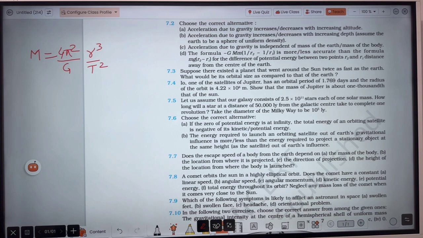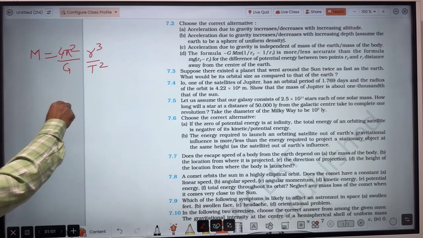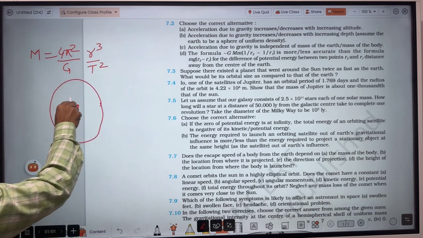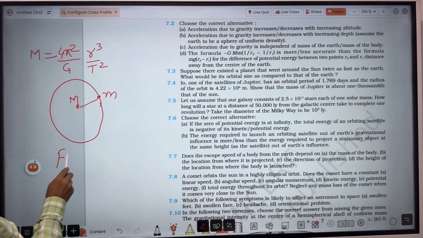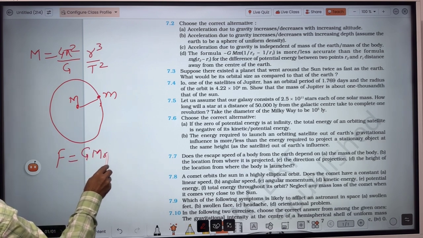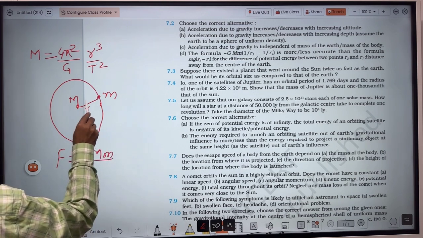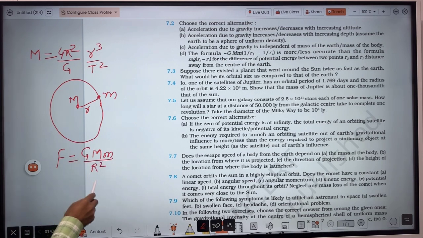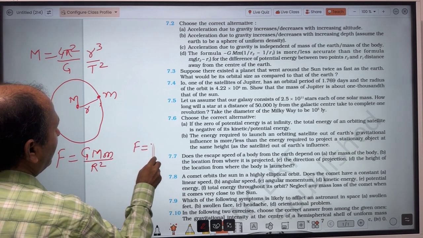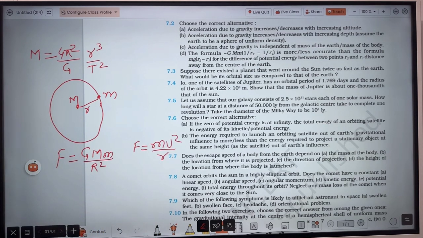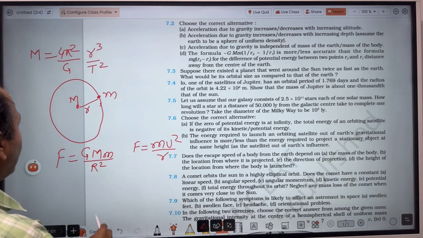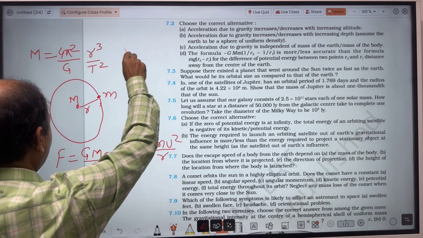If you have doubt why this formula, I can tell you that suppose this is the situation, this is big M, this is small m. So force between the two, F will be G M m divided by R square, where this separation is R. Also centripetal force F is given by m v square upon R. If you equate the two, what do you get?